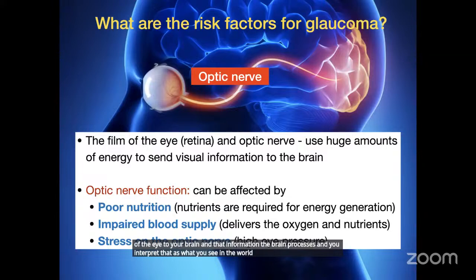And the important part of the optic nerve is that the retina and optic nerve both use huge amounts of energy to send visual information to the brain. And therefore, the optic nerve function can be affected by poor nutrition, and so nutrients are required for energy generation, impaired blood supply to the optic nerve, as the blood supply delivers oxygen and nutrients, and stress on the optic nerve, for example, from high pressure.